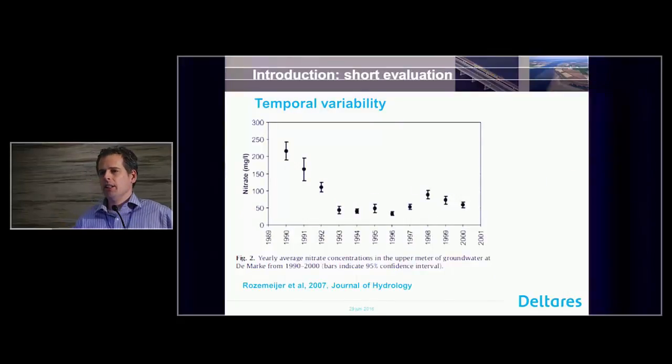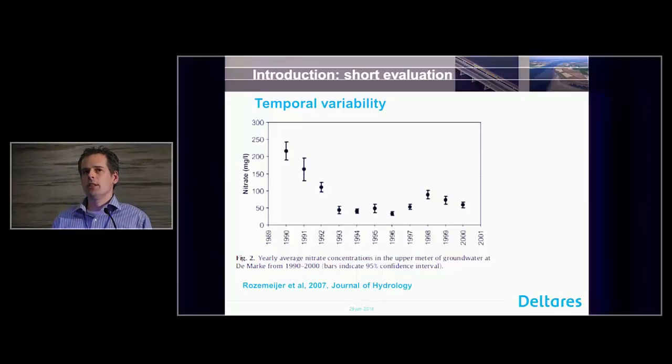And then there's the temporal variability, especially in the upper groundwater quality. Well, this is an example of an experimental farm where researchers try to prove that even when we have a soil that's vulnerable to leaching of nutrients, we can achieve the water quality target of 50 milligrams per liter.